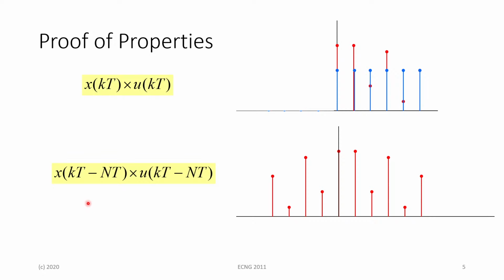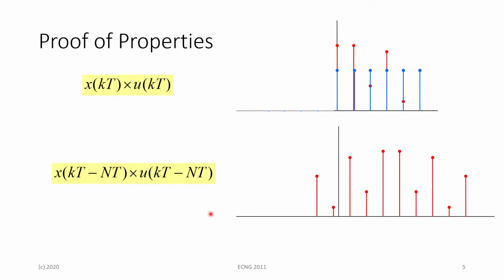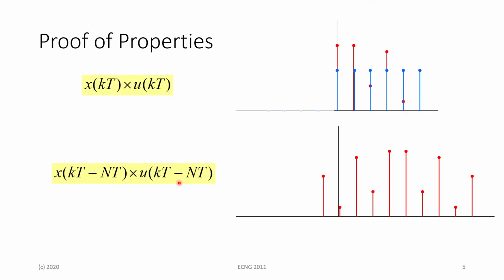When we shift both signals by a factor of nt, and this being minus nt, this is going to be a shift towards the right. Depending on the factor of n here, our x of kt signal now shifts by that n factor that represents this nt here.